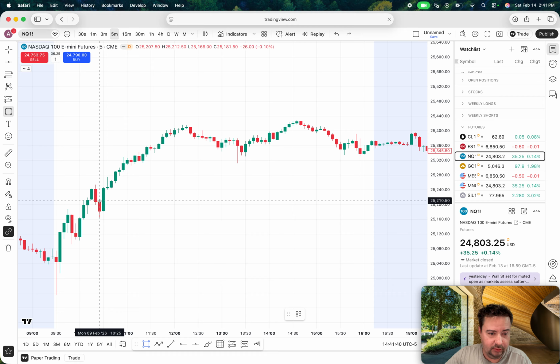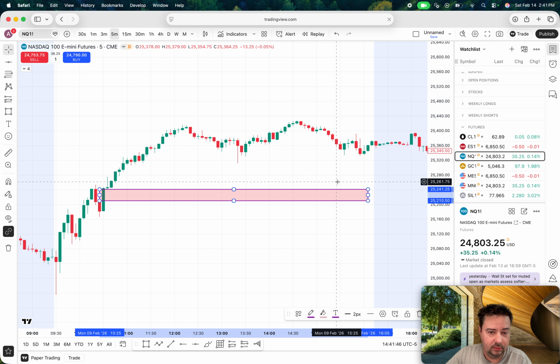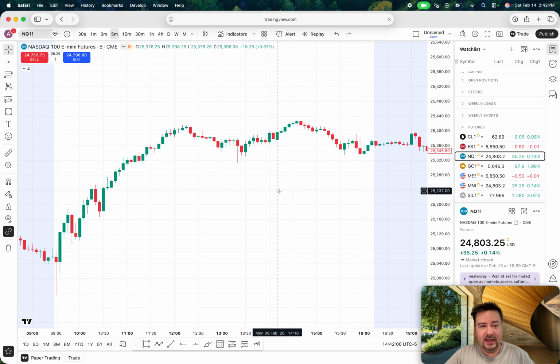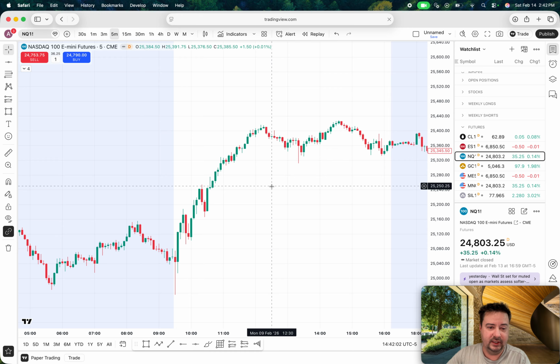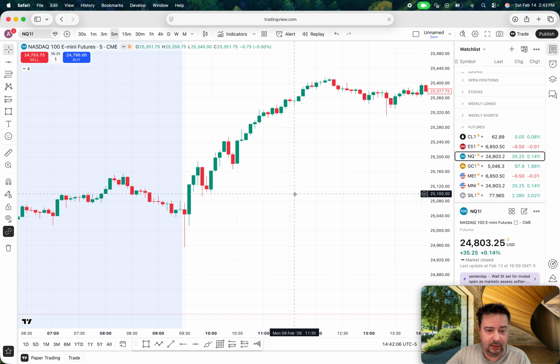We had a bullish fair value gap that was created right there. Okay, however, what happened? Well, price did not come back into the fair value gap. It just kept going up and did not retest. Okay, so again, they don't happen 100% of the time, but they do happen, I would say 90% of the time.